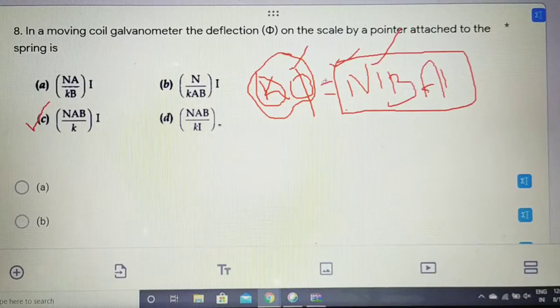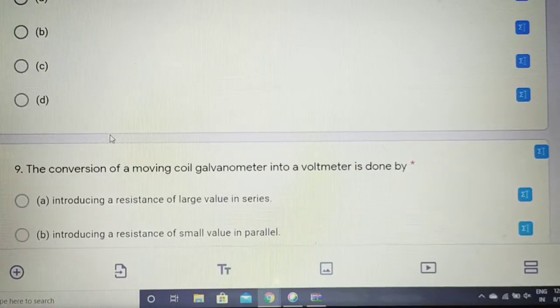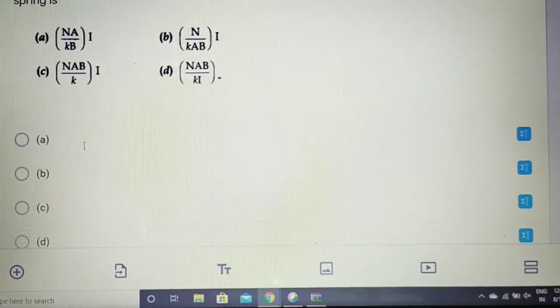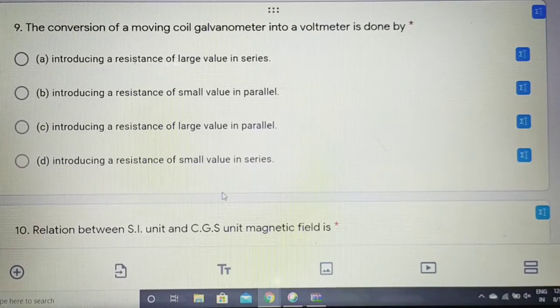So we will be equating these two terms, and we can simply get the formula. So we will be getting the right option as C. You have to click this C, put this option. Now let us see the next question.